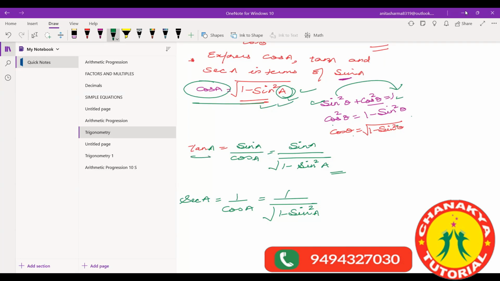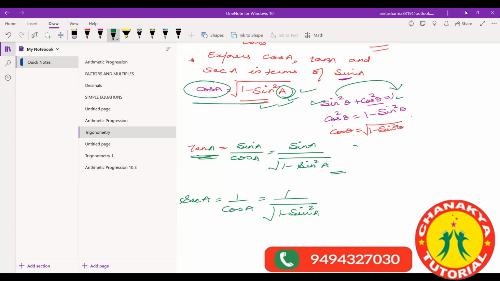Now tan A. Ma'am, can we express this in another way? In which other way, beta? Ma'am, just a doubt. Because we have to write in the simplest way. See, now tan A is there.